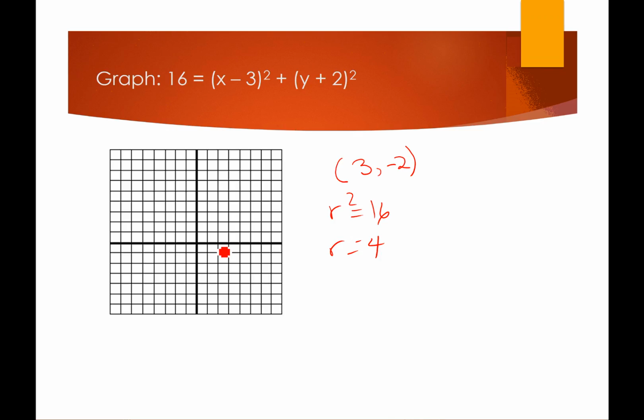So 3, negative 2, the center is going to be right here. And then from that center, I go right, left, up, and down 4 places. So here, here, here, and here. And I just draw my circle the best I can by connecting those points.